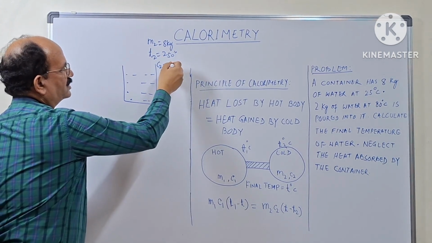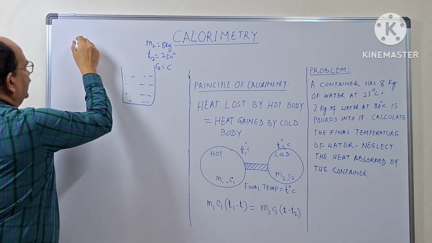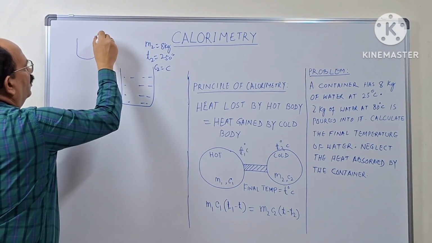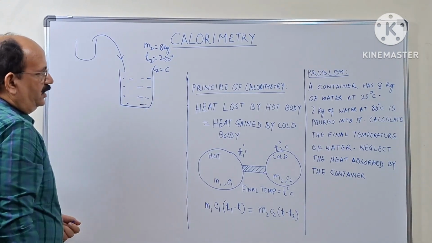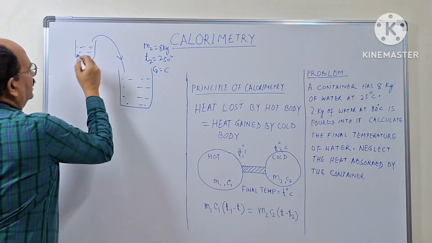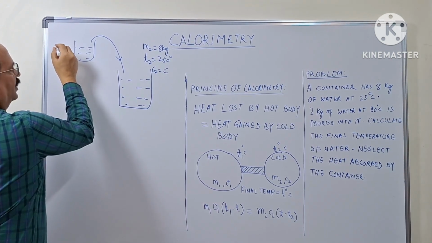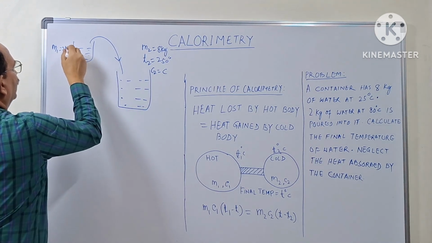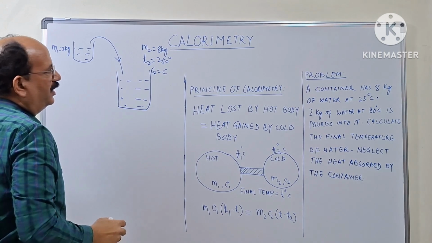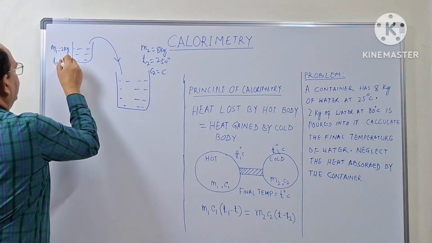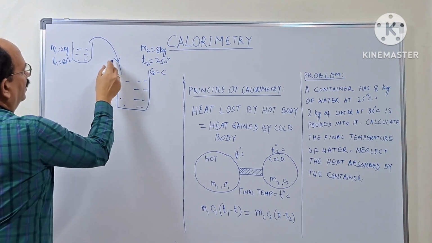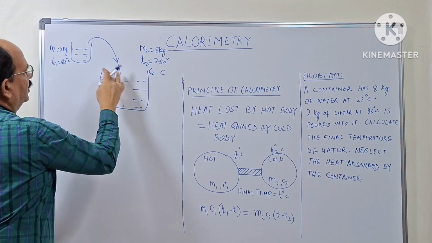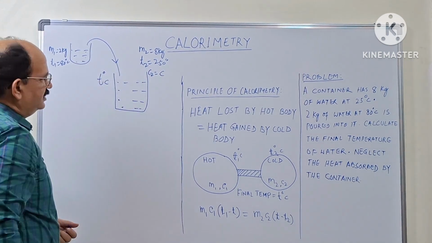That will be equal to C, because the hotter water which is getting poured into it, suppose there is a container and from that container you are pouring the water into it. So this water is at a higher temperature. It means M1 is equal to 2 kg of water you are pouring into that container, and it is at 80 degrees Celsius. Finally, when the water is poured, the final temperature reached by the combined water is T degrees Celsius.